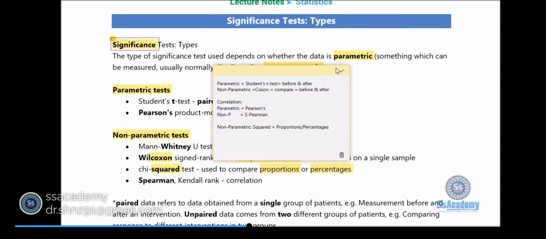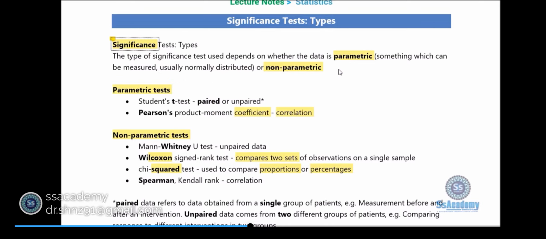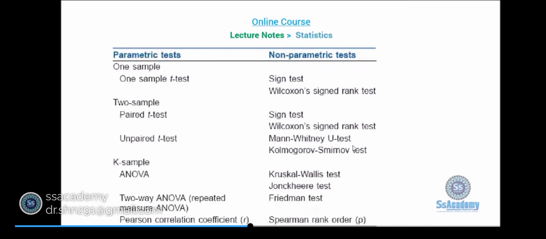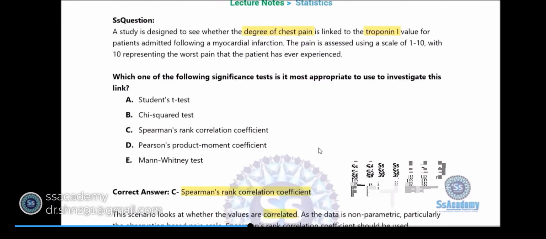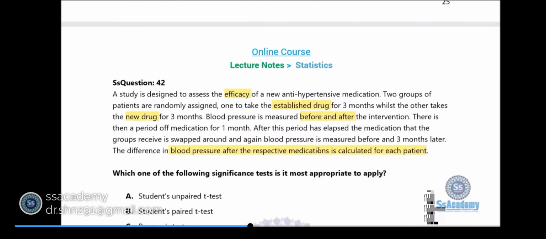And correlation, once again: parametric data, the Pearson's; non-parametric, once again, Spearman. And non-parametric, the chi-squared test; chi-squared means the proportions and percentage. So that we can focus on the questions, and that will be really helpful.